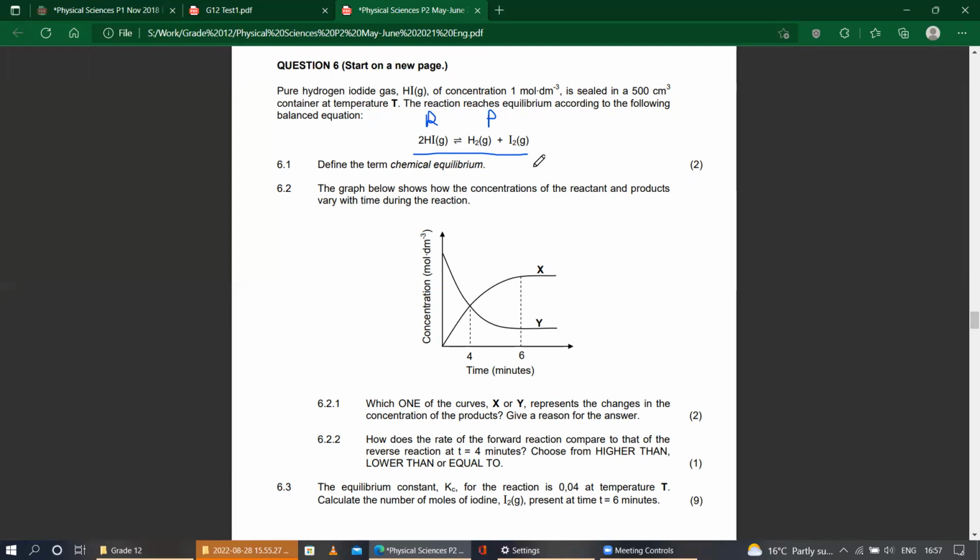Chemical equilibrium is a state in which the forward reaction and the reverse reaction are happening at the same rate. And our chemical equilibrium constant, that's Kc.